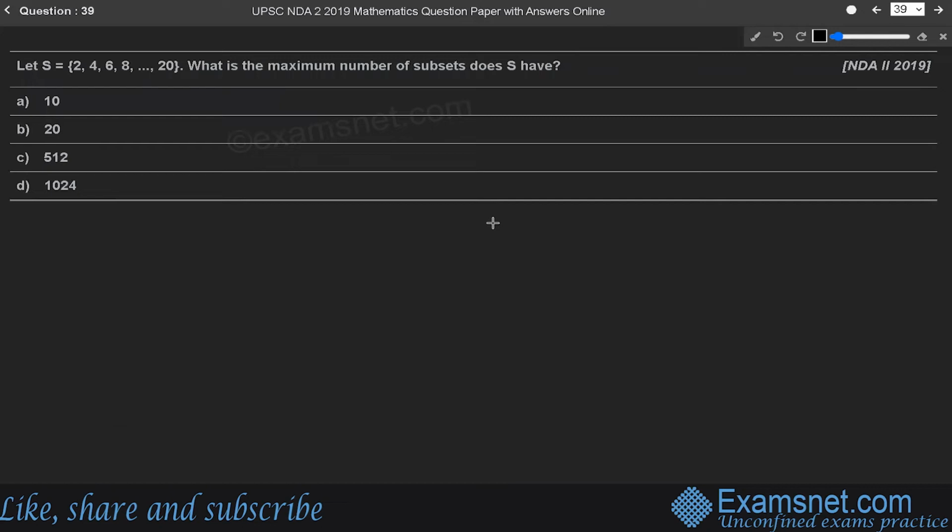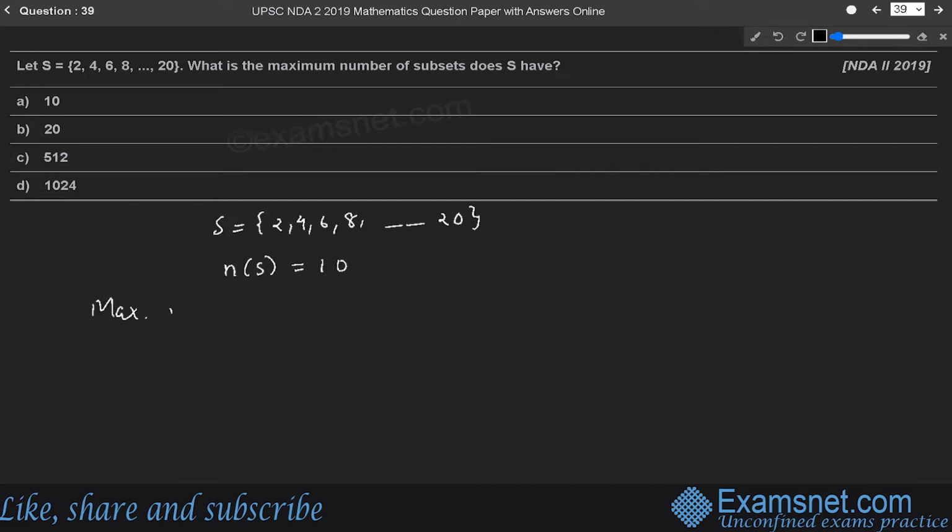Next question is, let S be a set which consists of 2, 4, 6, 8, and so on up to 20. What is the maximum number of subsets S has? So we have to find the maximum number of subsets. Here, n(S) is equal to 10.